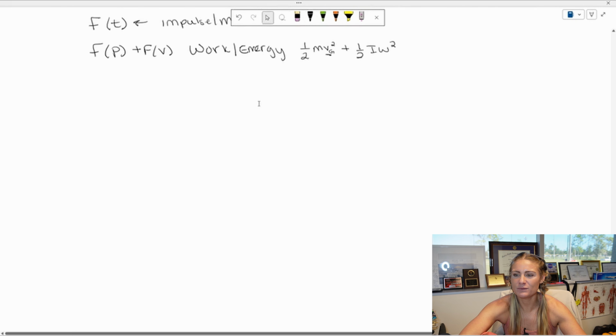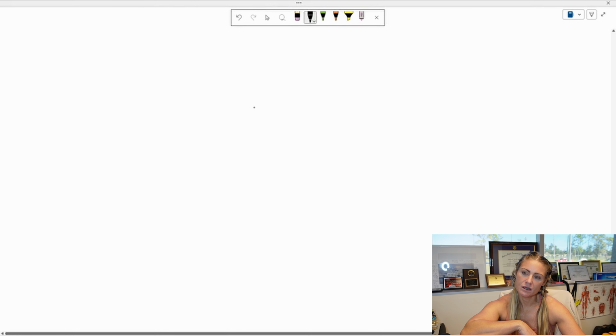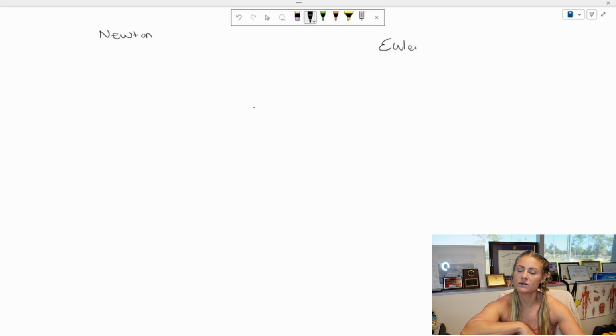All right, so why don't we first look over our Newton-Euler. So our Newton and then our Euler. I know that we know the form as the sum of the forces equals ma. Well, let me tell you something. The fastest thing back in Newton's day was a horse, so he didn't really care so much about acceleration.